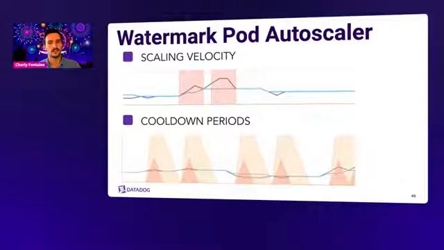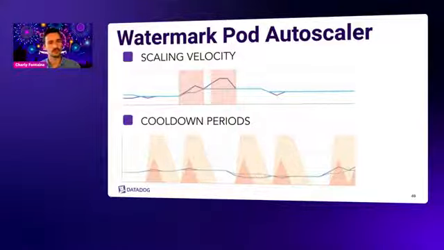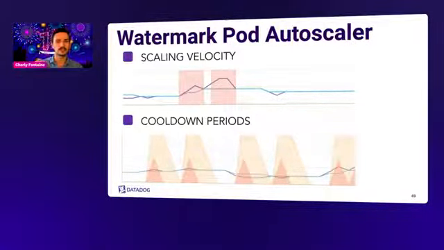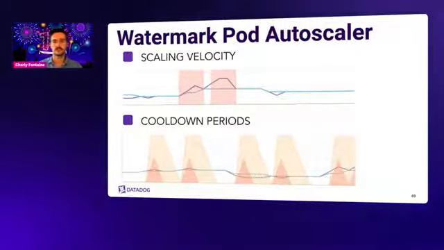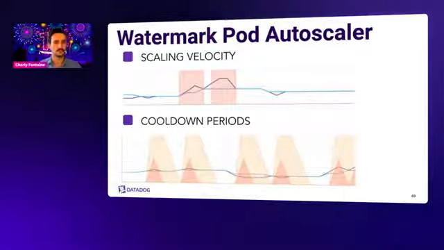Now, there are two features that we introduced in the WPA that now are in upstream in 1.18, I believe. Those are features that allow to control the aftermath of triggering a scaling decision. So the metric is outside of the bounds, okay, but how much do we want to scale given restrictions on velocity?